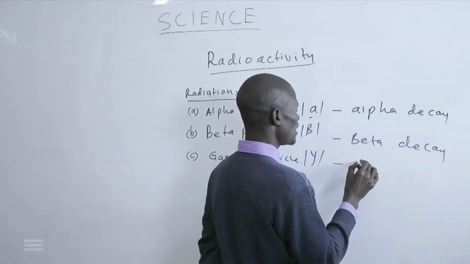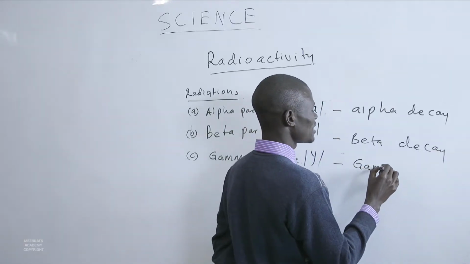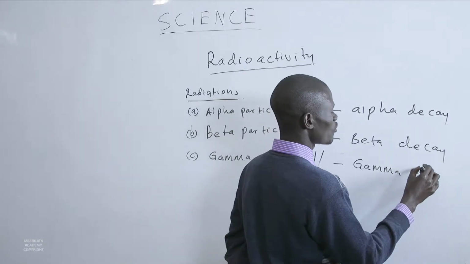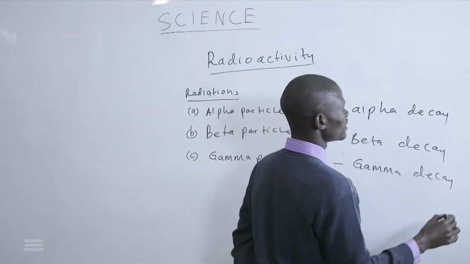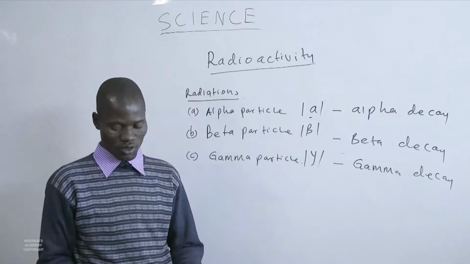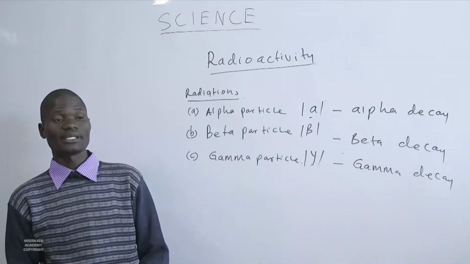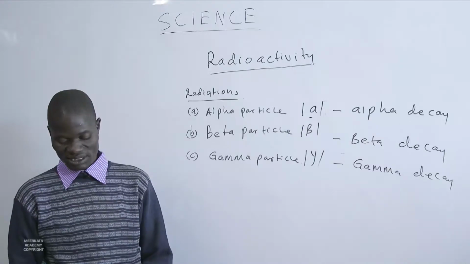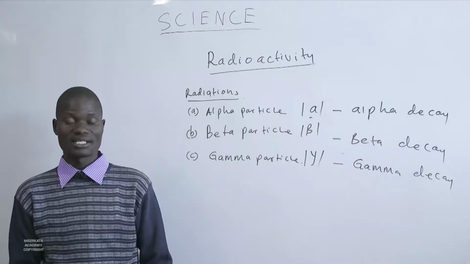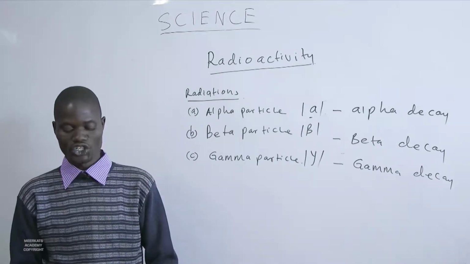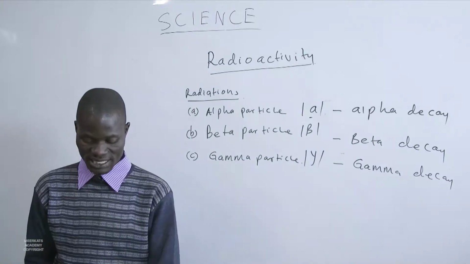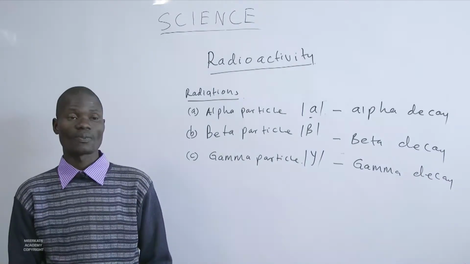And then gamma particle will take a notion of gamma decay. Those are the various processes of decaying, and we are able to learn that any material that contains such unstable nuclei is considered radioactive.